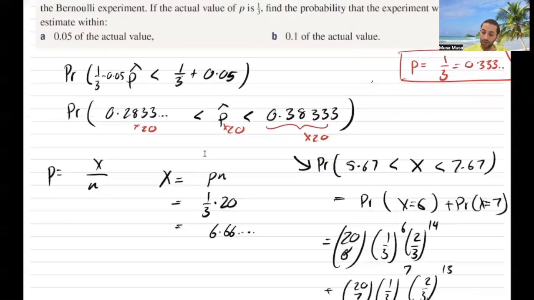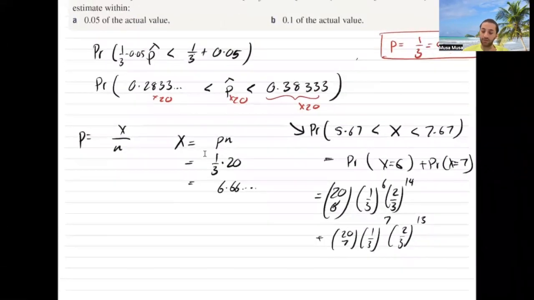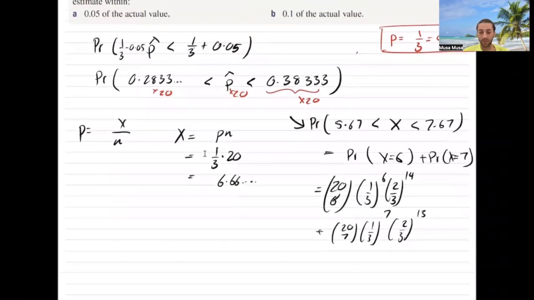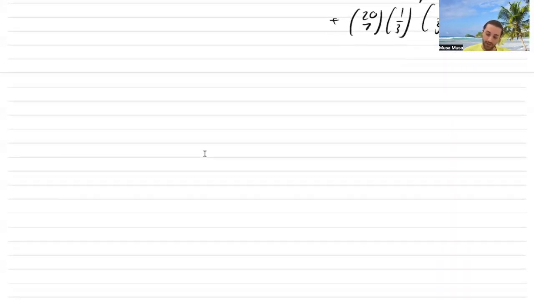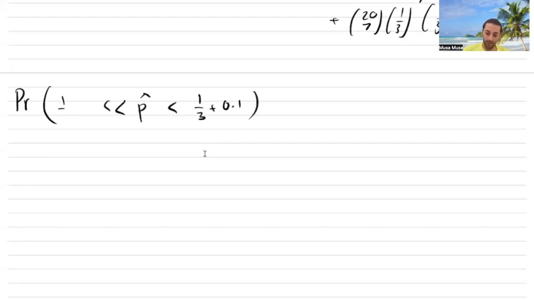Now have a go at the 0.1 of the actual value. It's a very similar process, and then I'll have a go as well. So pause, and then now unpause. So next part says between 0.1 of the actual value. So that means that you want your P hat to be between a third minus 0.1 and a third plus 0.1.